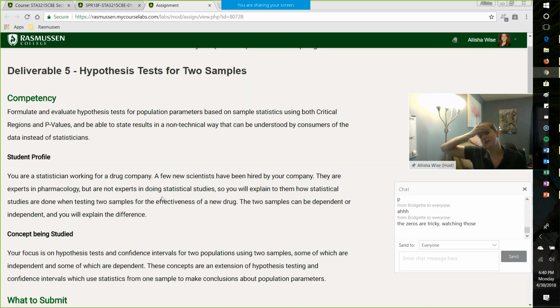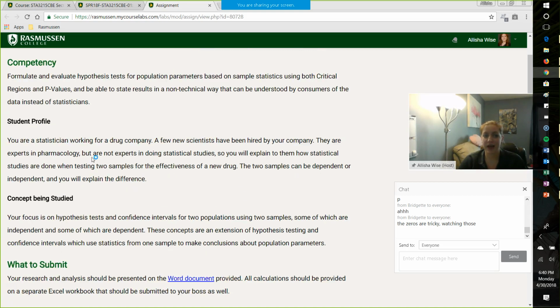Now, this week you're a statistician working for a drug company. Yes, they make a lot of money. A few new scientists have been hired by your company. They're experts in pharmacology, but are not experts in doing statistical studies. So you have to explain to them how statistical studies are done when testing 2 samples for the effectiveness of a drug. Basically, you just have to do a hypothesis test and explain what you do.